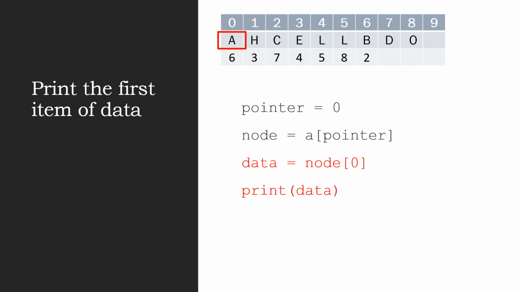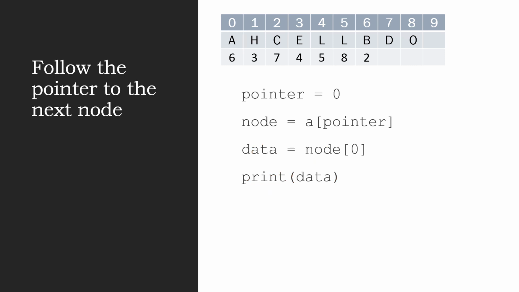Now do be careful here. node[0] doesn't mean node number 0. It means go to the current node and print out the first value in that node, which has the index number 0. So looking in the node that's got A and 6 in it, store the first of those two values, the A, as a variable called data, and then print that data.